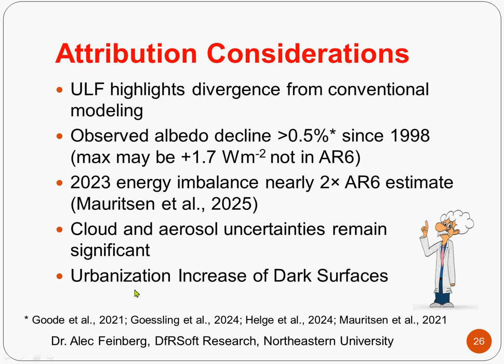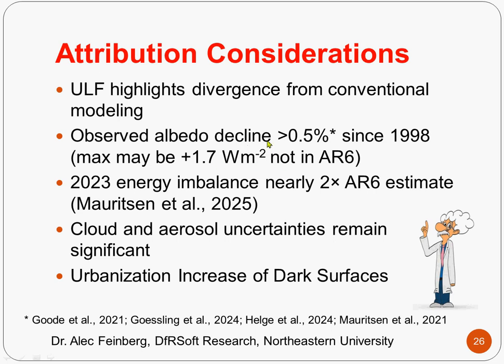So in terms of attribution, we can see that the divergence is helpful, because what we're observing on the albedo decline is greater than about 0.5% since 1998. If we took just that number, we would see about 1.7 watts per meter squared, which is not in the AR6.